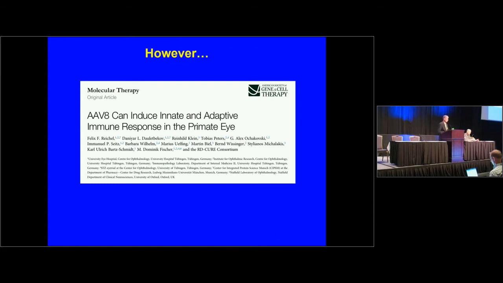However, I also need to warn you that it is not that the eye cannot mount immune responses at all. There are a lot of variables: your vector dose, how you inject it, the serotype, and so forth, and there can be both innate and adaptive immune responses in the eye as well.